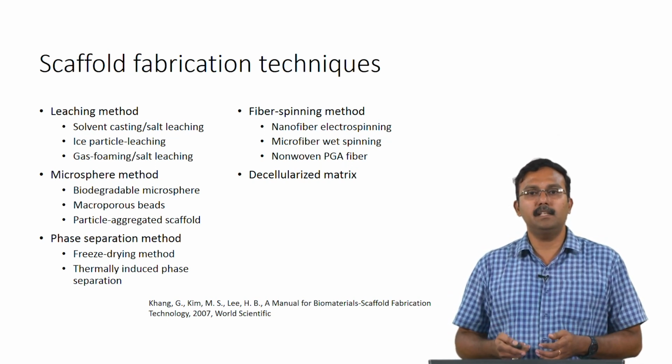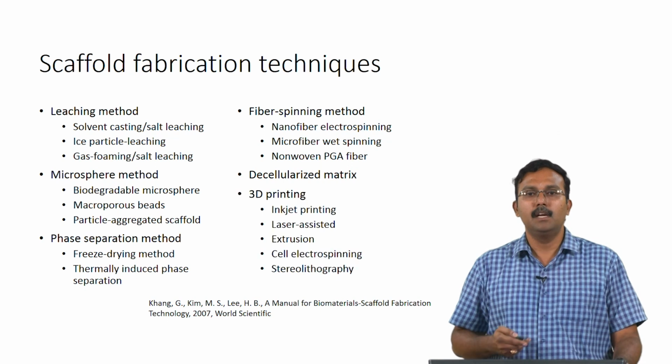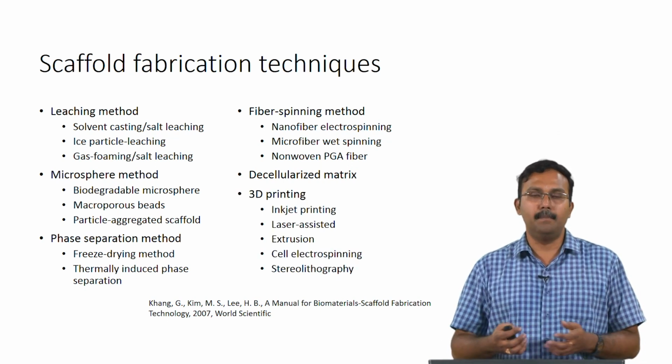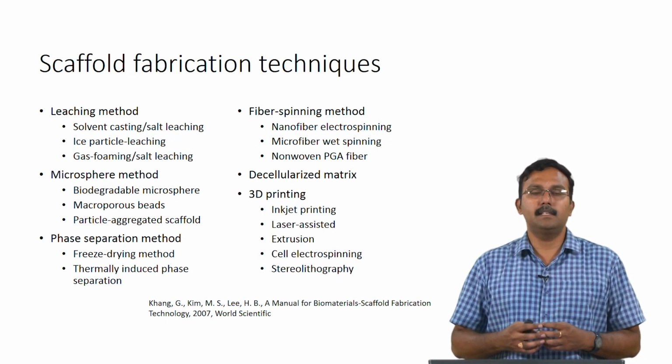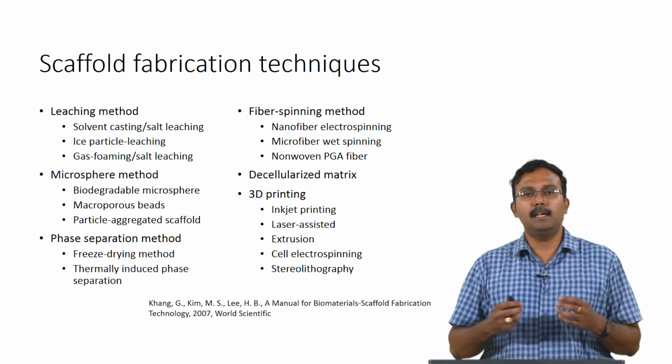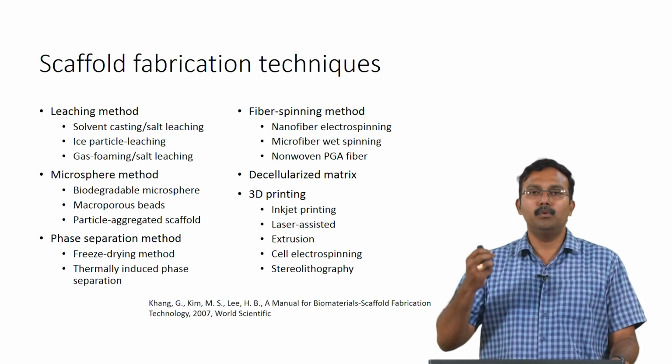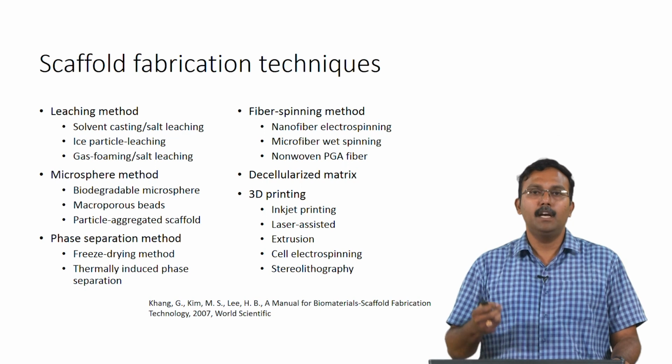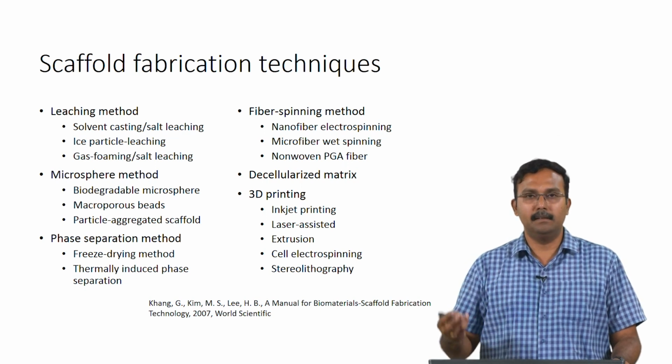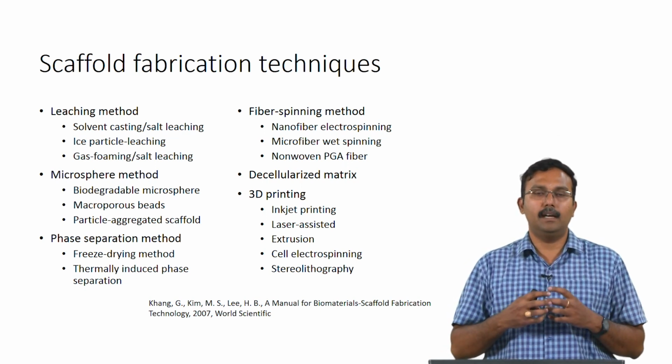So, the last and the up and coming strategy which people are looking at is 3D printing. So, 3D printing is a novel technology where people are looking at how scaffolds can be prepared by bioprinting the scaffolds. So, here an ink is used.